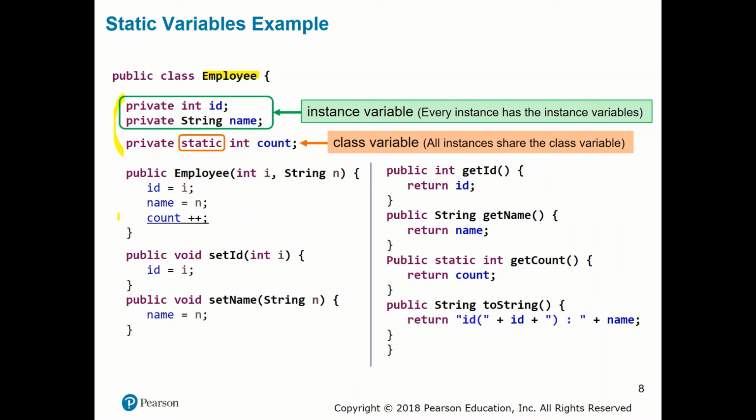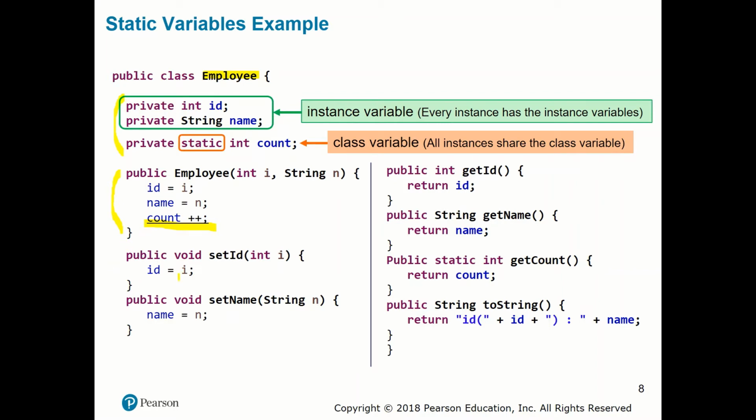Every object will share count. And count will be created even before the first object. Even if there is no object of Employee, the place for the count variable is in the memory. And this is the constructor. In the constructor, the static member count is incremented by 1.